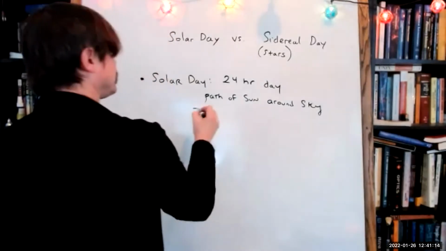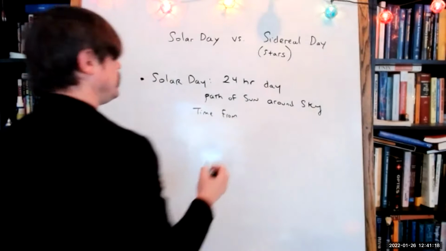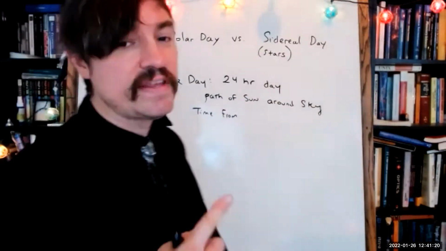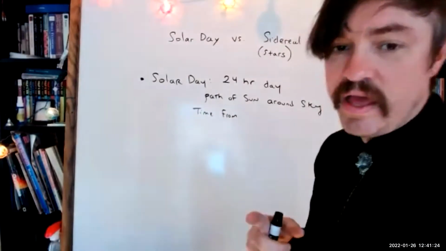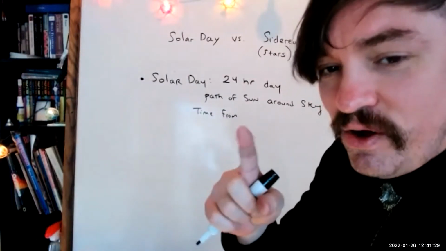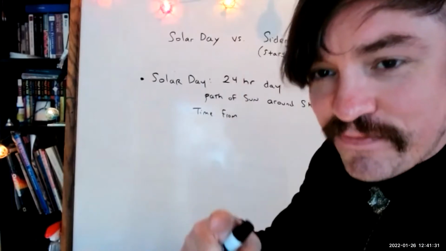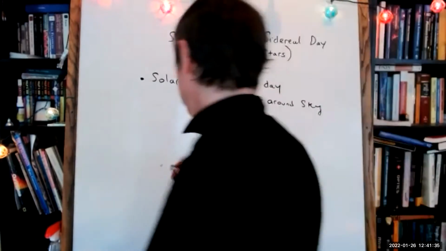Basically, it's the time from, say, midnight to midnight, but that sounds like a dog chasing its tail. Let's say we measure the start and end of a day from the Nadir Meridian. Let me explain this.